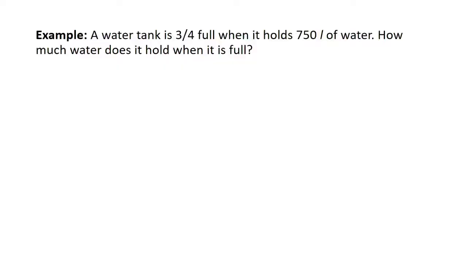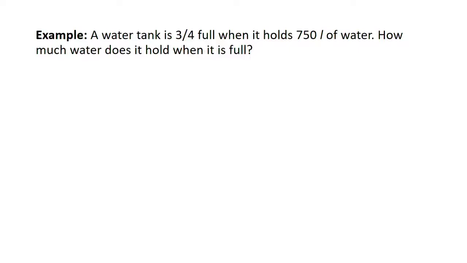We have in a second example, a water tank, and you're told that when it holds 750 liters of water, it's 3/4 full. Okay? And therefore, what we want to find out is how much water it holds when it is full completely. What does this mean?